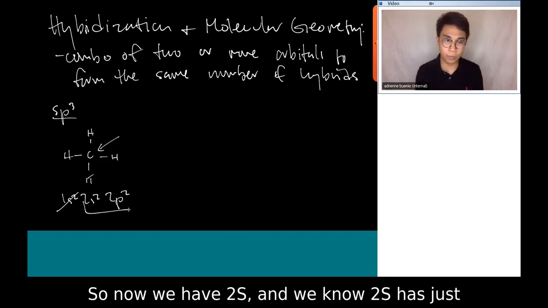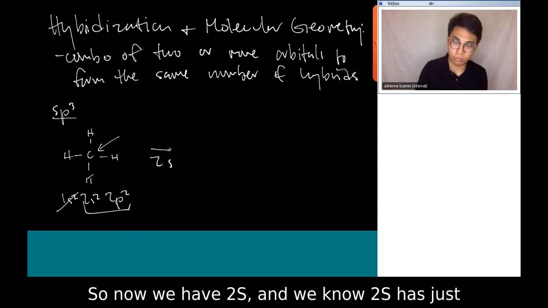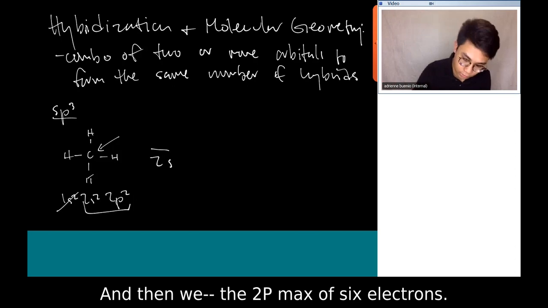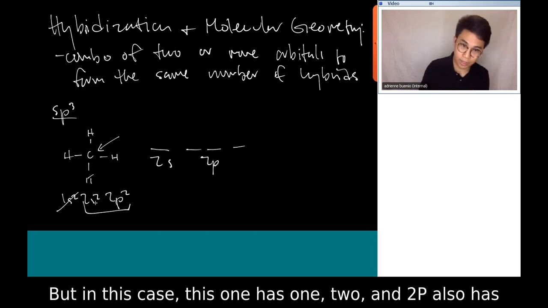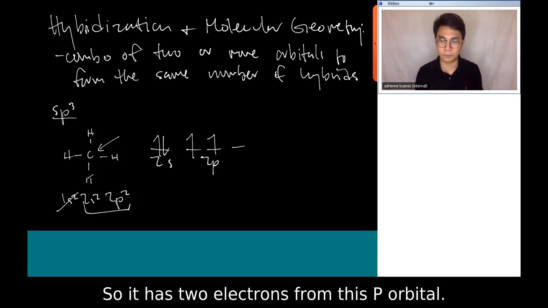Now we have 2s, which has a max of 2 electrons, and 2p, a max of 6 electrons. But in this case, 2s has 1, 2, and 2p also has 1, 2 because it's 2p2, so it has 2 electrons in the p orbital.